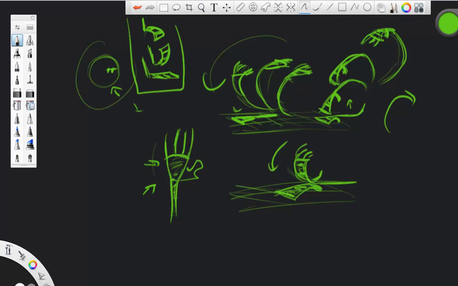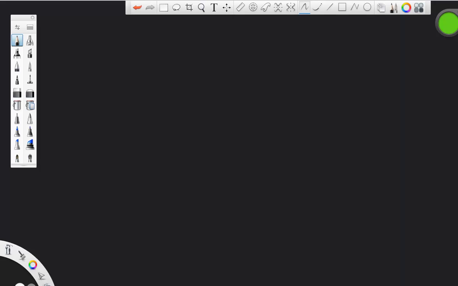We talked about the head, and obviously in any direction. We talked about the hand. We can talk about, hmm, what else? We talked about the basic.